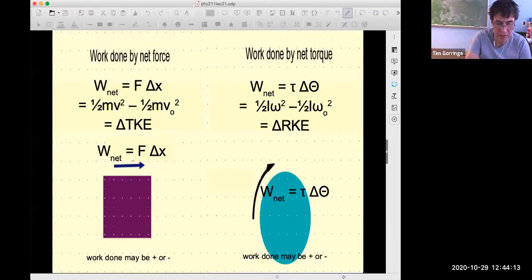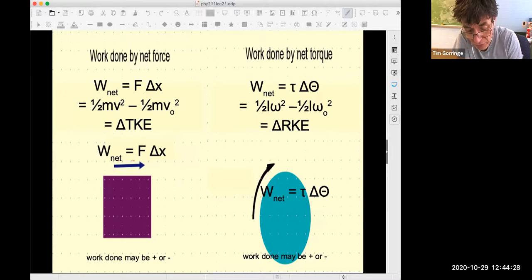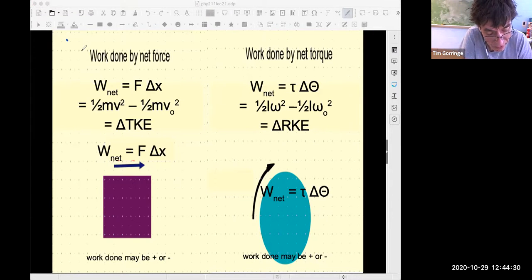Just to show you that most clearly, I've written the work energy relations for rotational motion and translational motion side by side on this slide. On the left-hand side, we've got the work energy relation for the action of a force and translational motion.